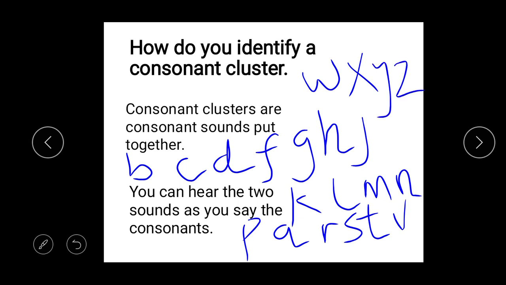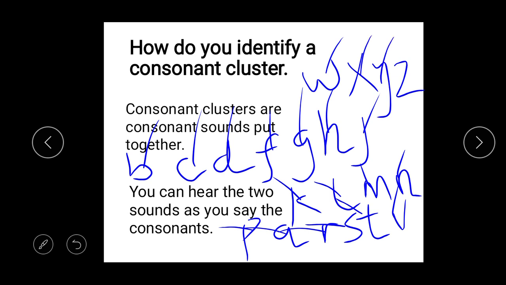So we have how many consonant sounds? 1, 2, 3, up to 20, 21. We have 21 consonant sounds, and remember we have 5 vowel sounds.